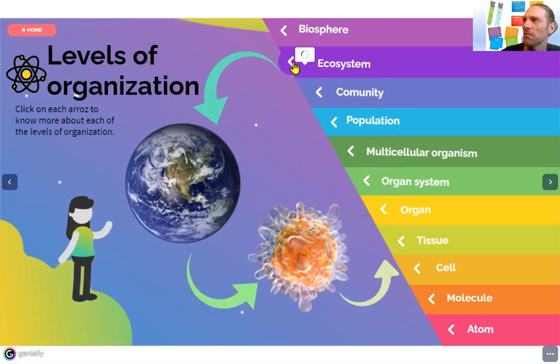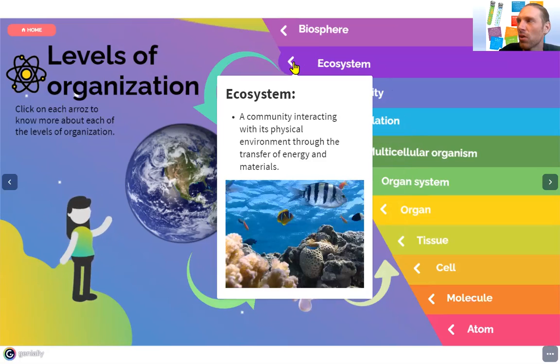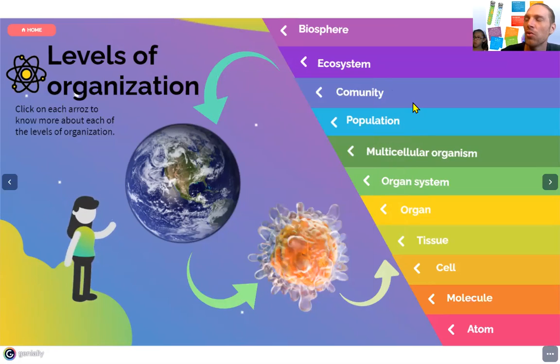The ecosystem takes into account the vegetation, the plant growth, and the environment we have. So the ecosystem is not only a community, the animals and organisms living inside it. The ecosystem is also everything that surrounds us. It's every bacteria, every plant, every moss, even the rocks, the trees, everything, the humidity of the air.